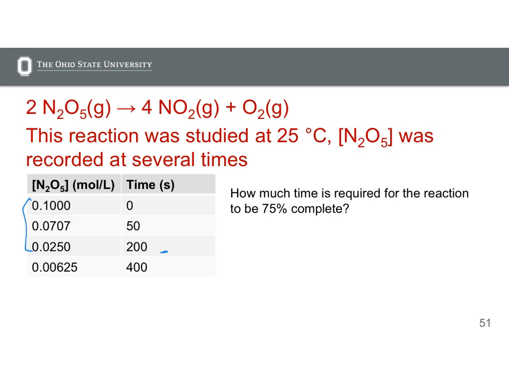Well, then you can say it takes 100 seconds to get the first 50% of the way done, and then to get the 25% that would be 100 more seconds. Or then get the half-life of the second half of the reaction. Yeah, so there's another way. You've got 2 half-lives, so you could calculate that twice.